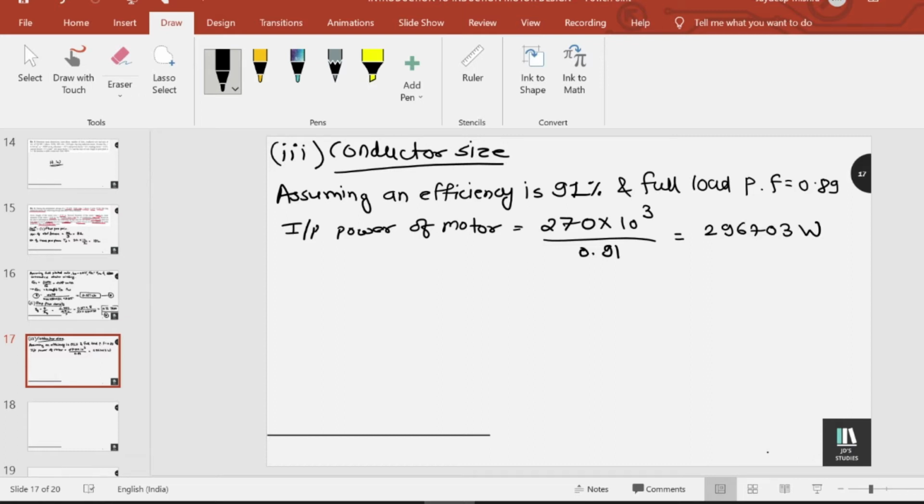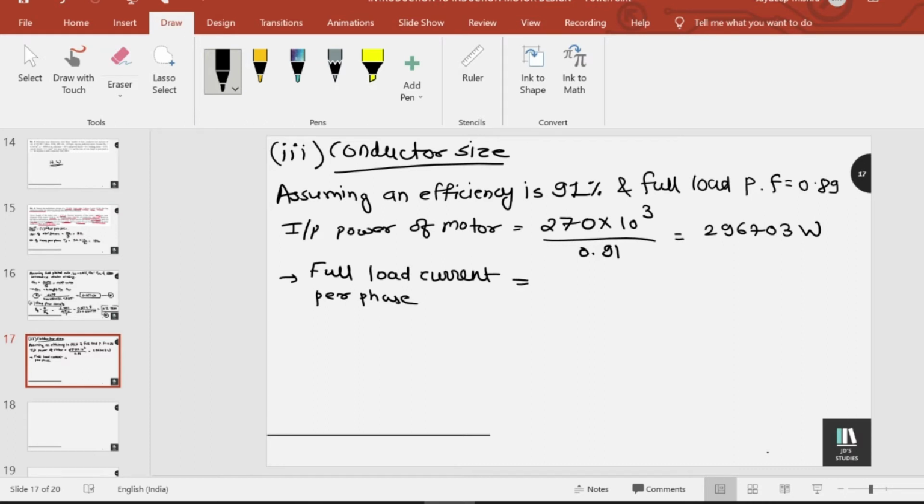Okay, now we will find the full load current per phase. So what is the full load current?